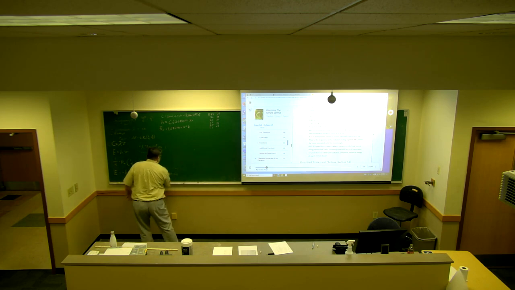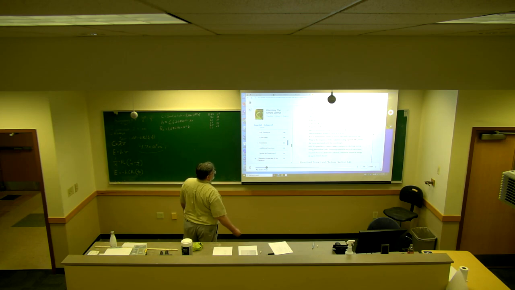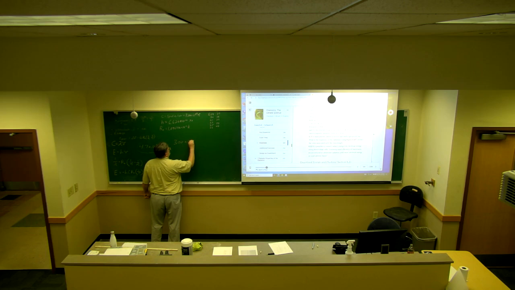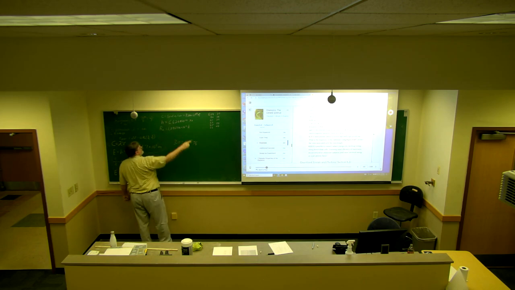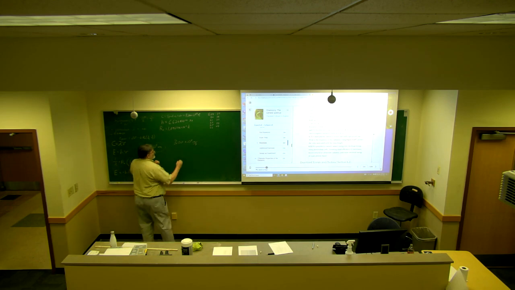To solve that, photons, electromagnetic radiation travels. I think this would be easier. This is c, speed of light, 3.00 times 10 to the 8 meters per second.